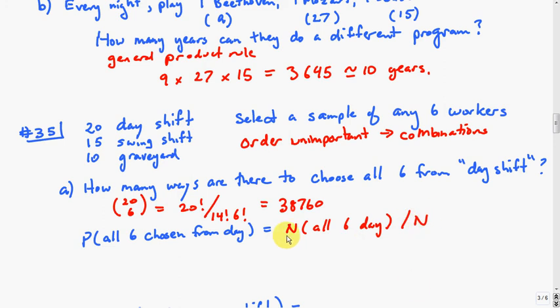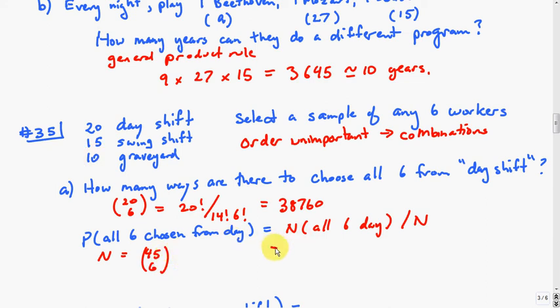That is the number of ways we can choose all 6 day divided by the total, and n is going to be 45 choose 6. I say 45 here because we have 20 day, 15 swing, and 10 graveyard. So the total number of ways we could choose those 6 people from 45 would be that.